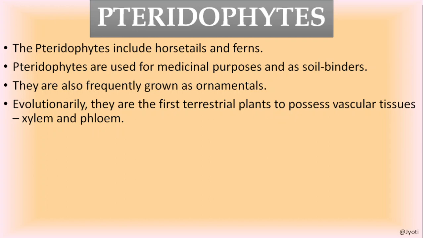All of a sudden the terrestrial plants did not evolve from the aquatic plants. The aquatic plants evolved to become amphibious plants, that means they can dwell in both water as well as land. Then from the amphibious plants, the complete terrestrial plants evolved.